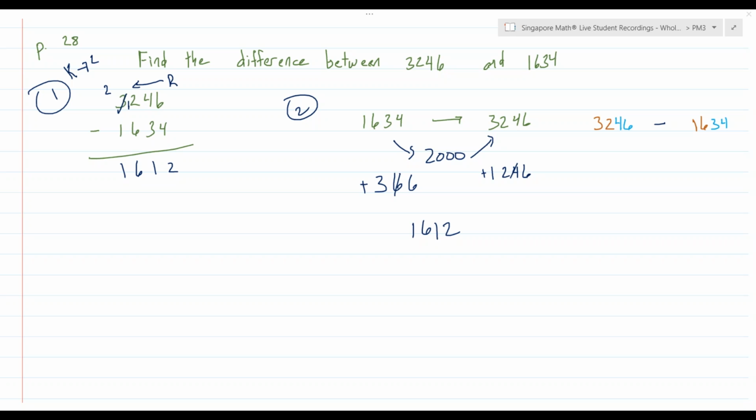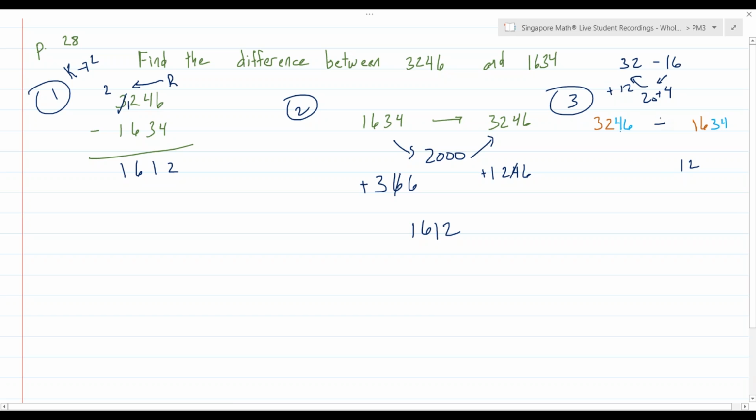Here is a nifty trick, not trick so much as tool or skill, that you could use for solving this one. Notice that 46 and 34, those numbers are easy to subtract. If you have 46 and you take away 34, you have 12. If I have 3,200, take away 1,600, from there, 32 to 16, I can do that one pretty easily. 4 gets me up to 20, and 12 gets me up to 32. 12 and 4 is 16.